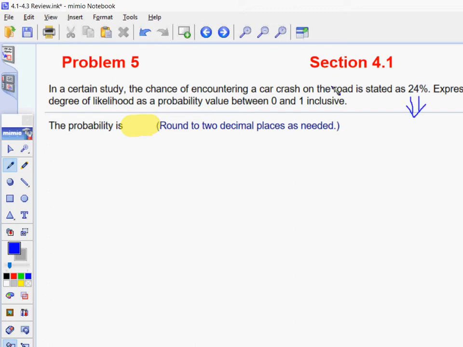So 24%, you'd write percent the same way you'd write cents, like dollars and cents. You'd write 24 cents like that. But we're not going to write the dollar sign. We just want to write 0.24. That is the decimal equivalent of 24%.